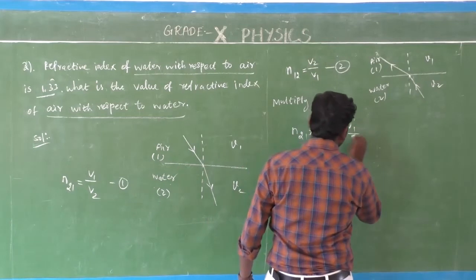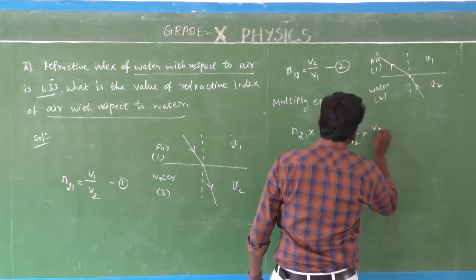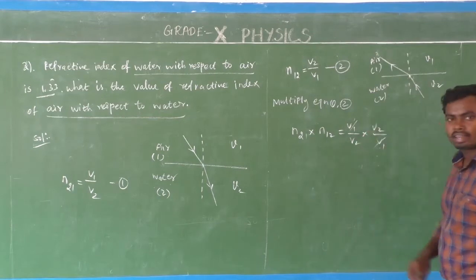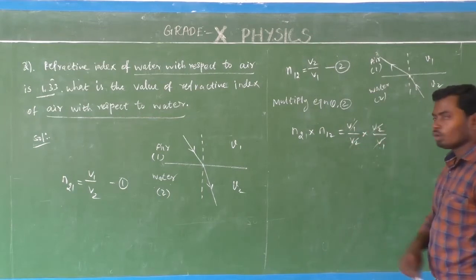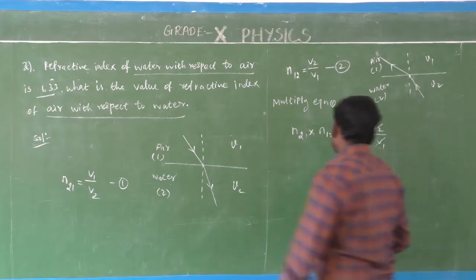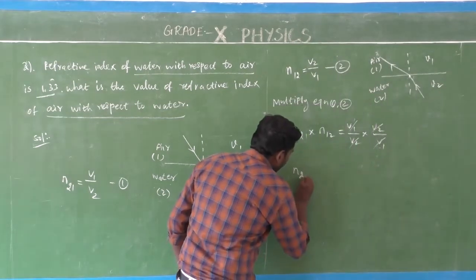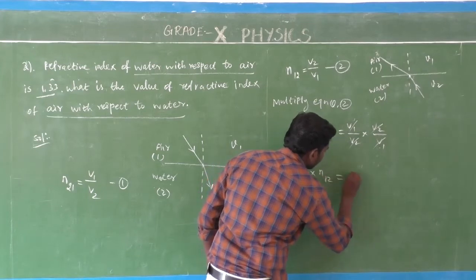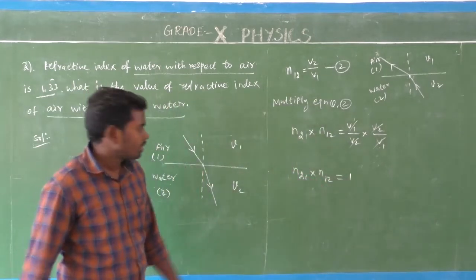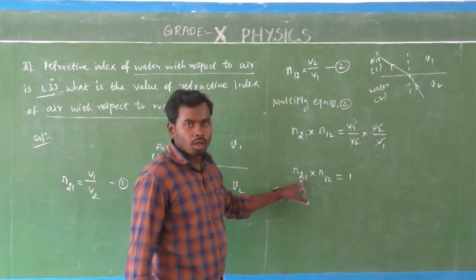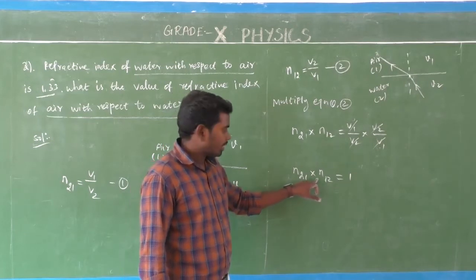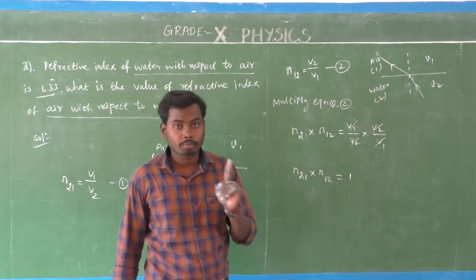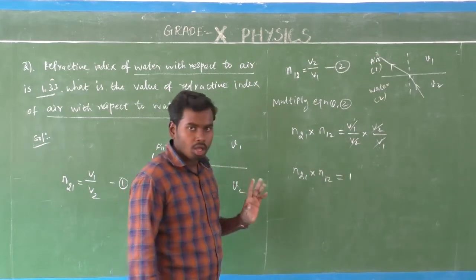The v1 cancels, the v2 cancels. So the refractive index of medium 2 with respect to medium 1 into the refractive index of medium 1 with respect to medium 2 is equal to 1.